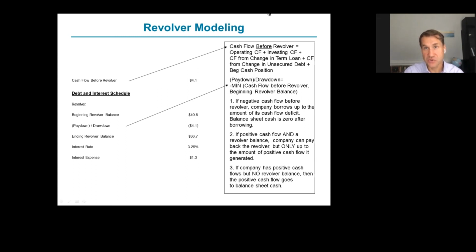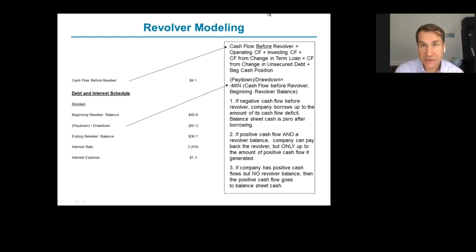You could also use cash balance for that. So a cash available, cash before revolver would also include cash on the balance sheet. So all cash that's available to pay down the revolver, which should be included there.